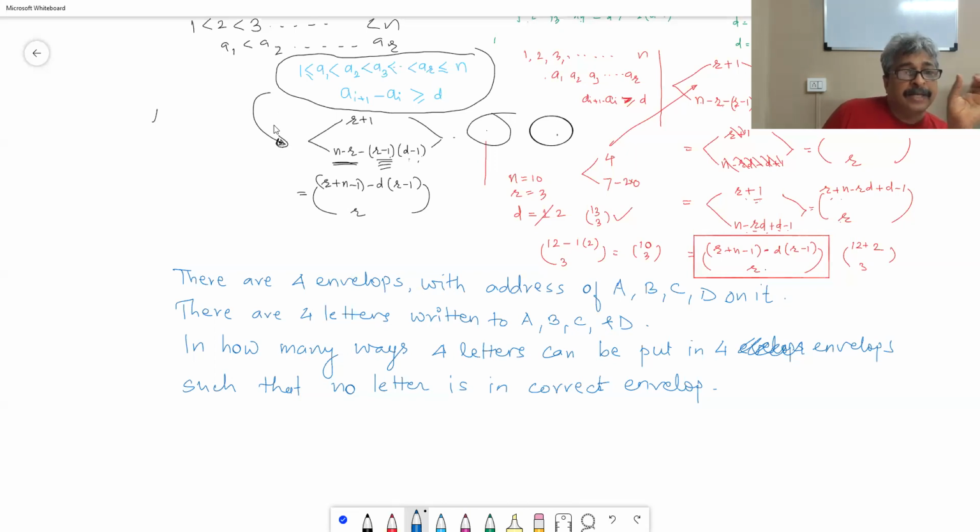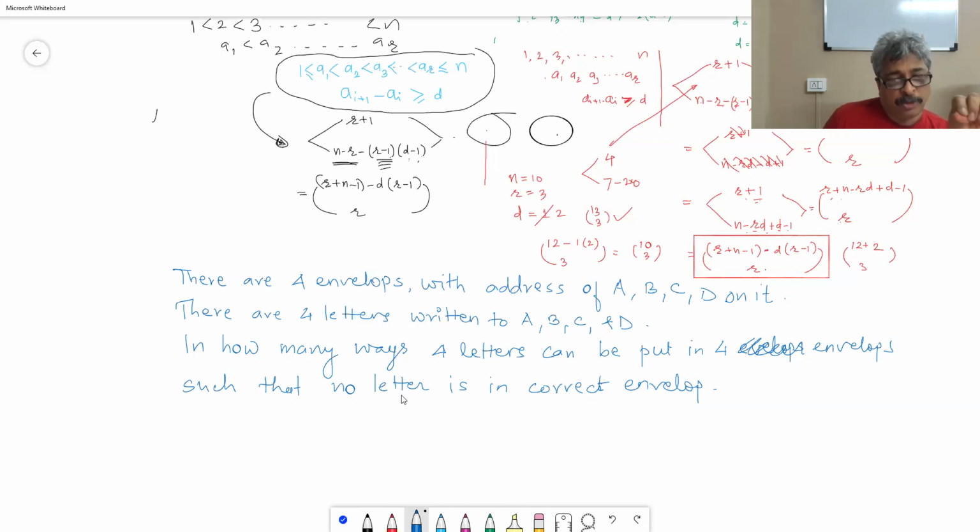There are 300 tickets corresponding to those 300 seats sold. Find the number of ways in which it can be done such that not a single person is sitting in their correct seat. That is a bigger problem.